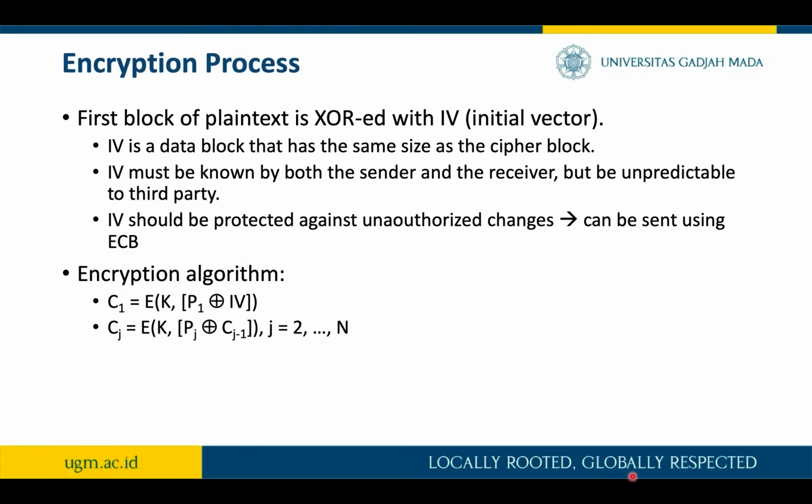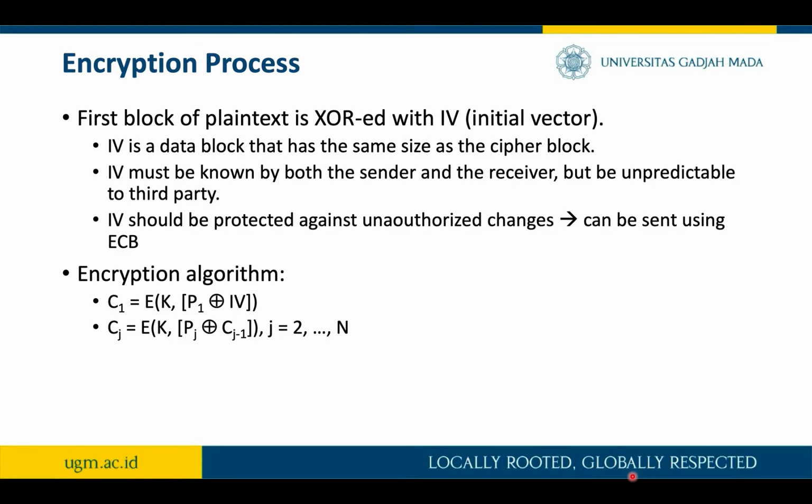So we will start with the encryption process. The first block of plaintext is combined with an exclusive OR operation with the IV, or initial vector. Here, the IV is a data block. The size is the same as the size of the cipher block.